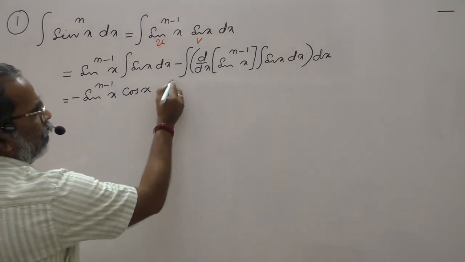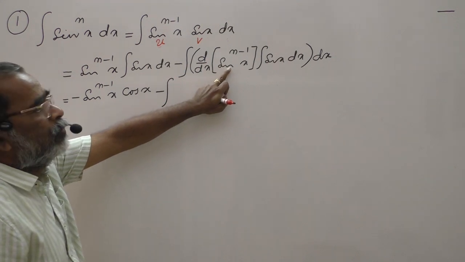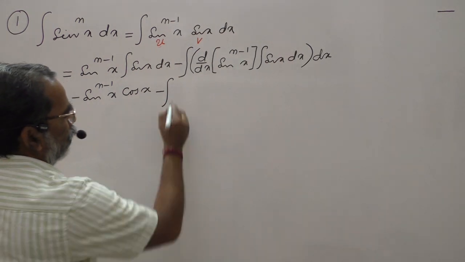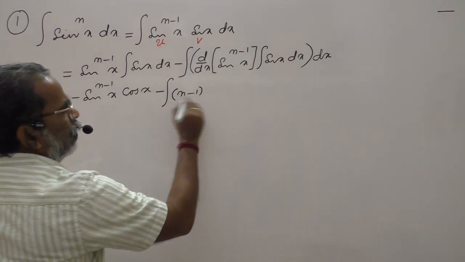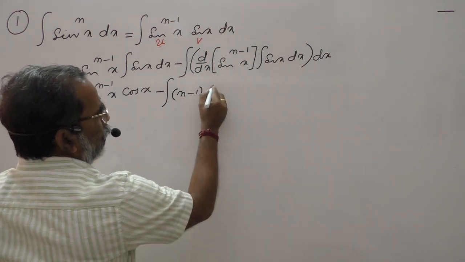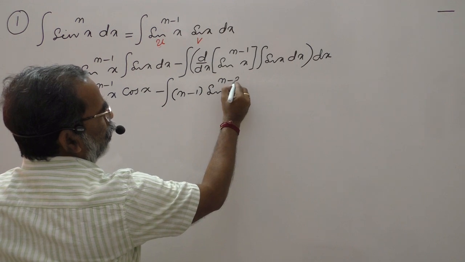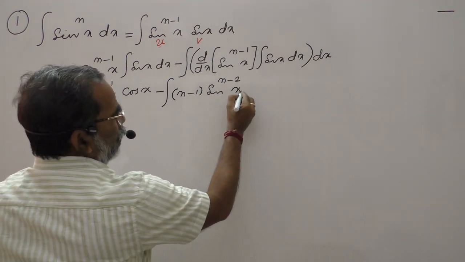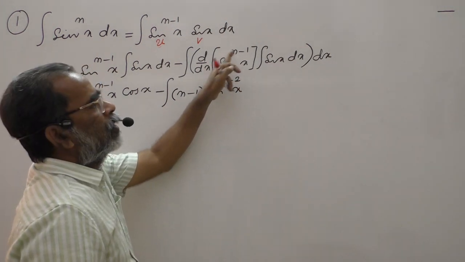Then what will we have? The integral of the derivative of this. This is differentiated using x power n, because the power is there: n minus 1 into, that is n into x power n minus 1. Already n minus 1 is there, no? n minus 1 minus 1, n minus 2 x.